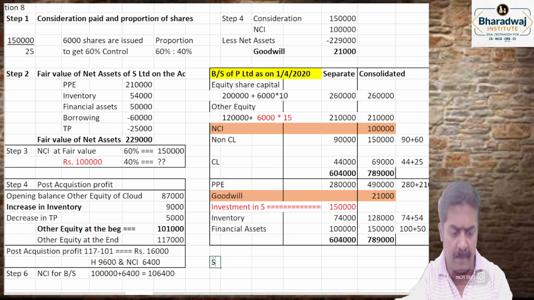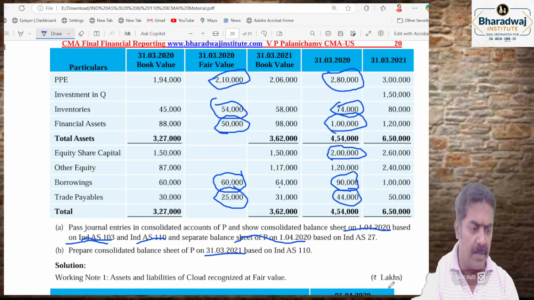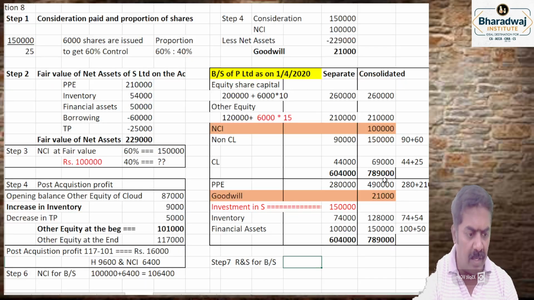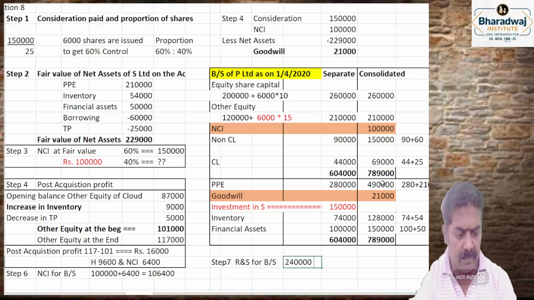Step 7: reserves and surplus for the balance sheet. What are the reserves and surplus of the holding company? 2,40,000 plus share of post acquisition profit.